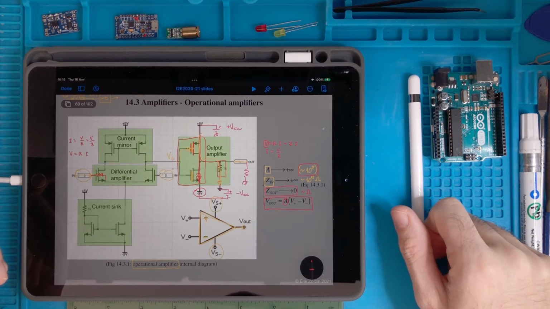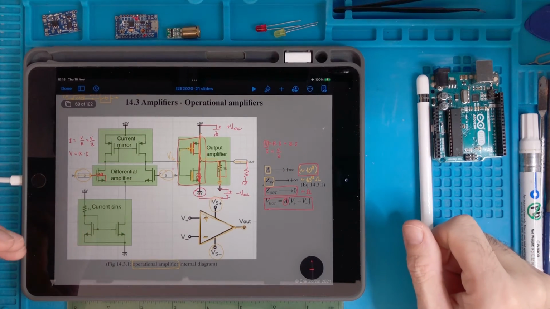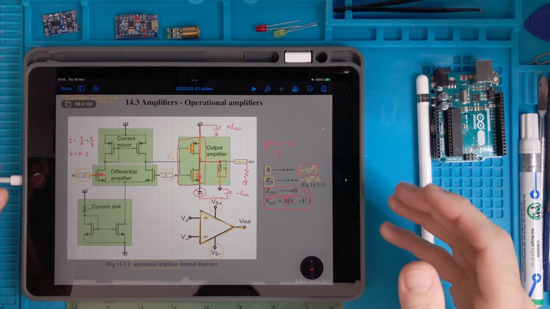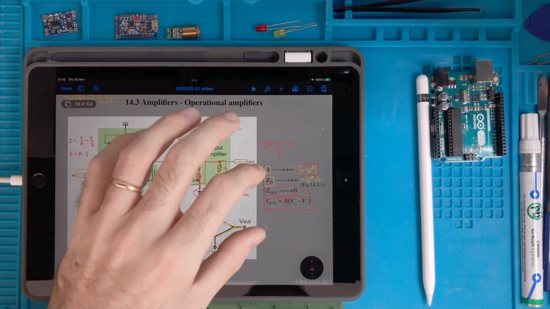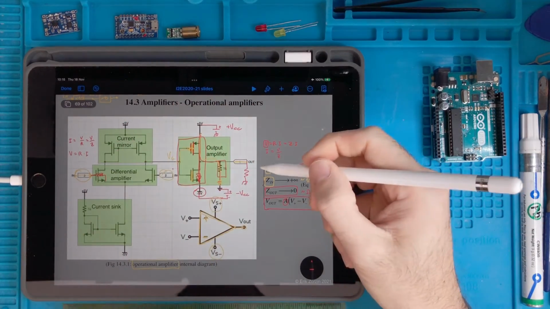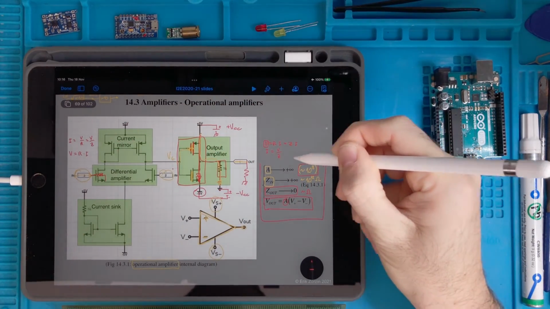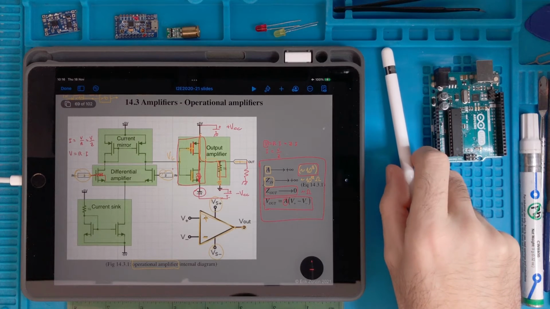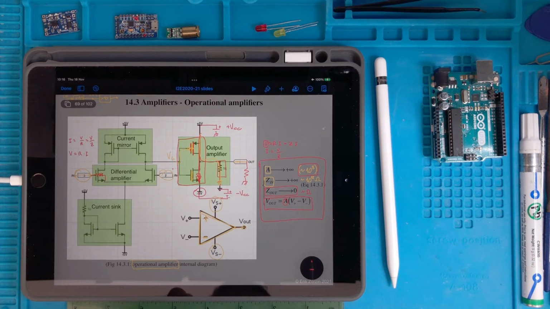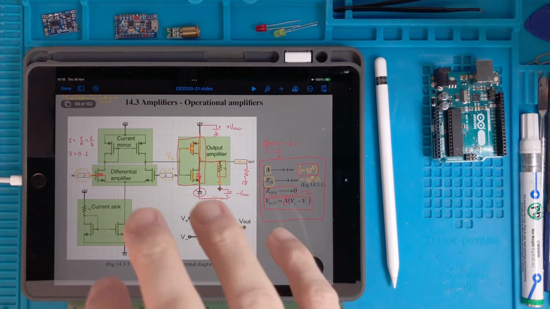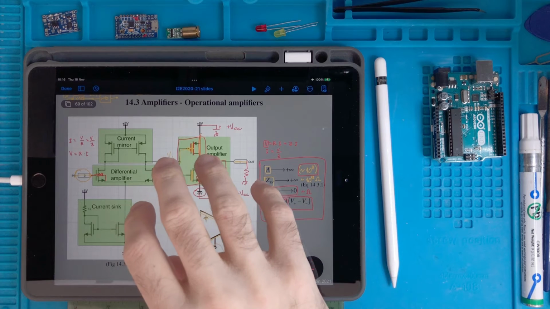Okay, so now we have to understand what is the ultimate reason for which we want to create such kind of amplifier with these basic fundamental characteristics: a very high gain, a very high input impedance. We kind of understood why. We want to be able to amplify things without interfering with the things we are amplifying.